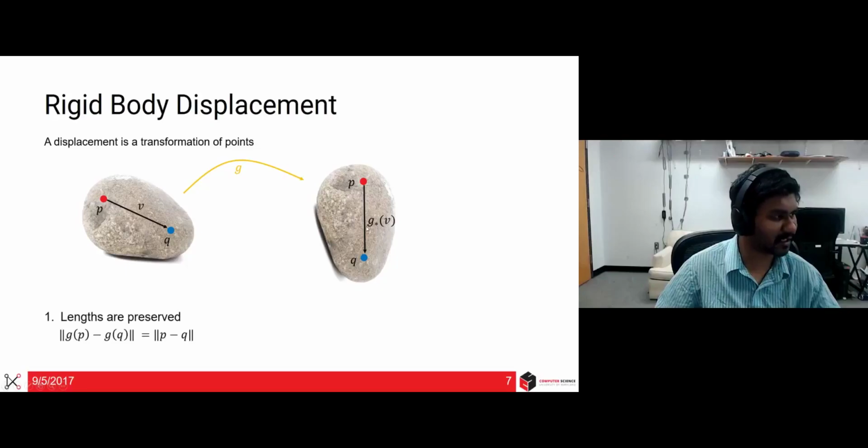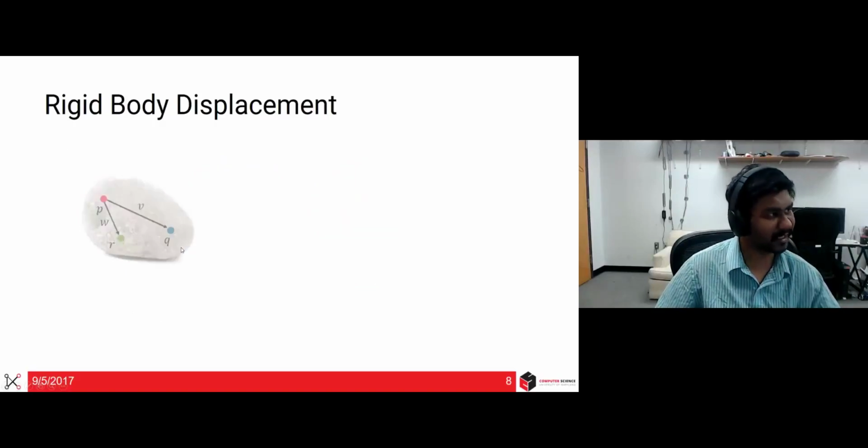So the first condition which we want is that the length of the vector V in both the original frame, which is on the left, and the transformed frame, which is on the right, have to be the same. That's the first rule which rigid body displacements have to follow. What's the second rule?